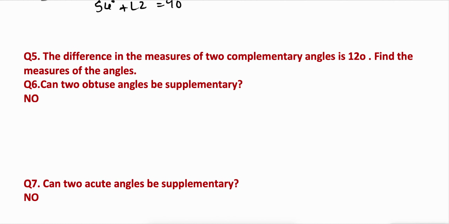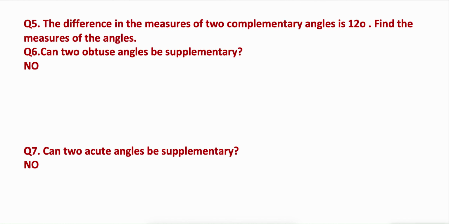Question number 5. The difference in the measure of two complementary angles is 12 degrees. Find the measure of the angles. As we all know, for complementary angles, angle 1 plus angle 2 is 90 degrees, and the difference, angle 1 minus angle 2, is 12 degrees.